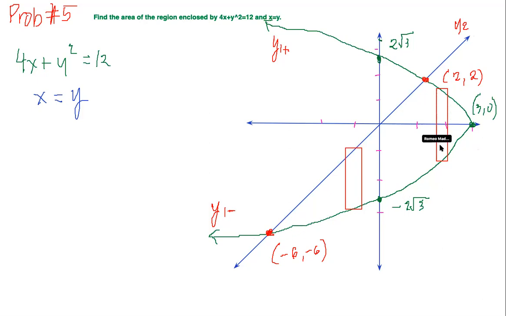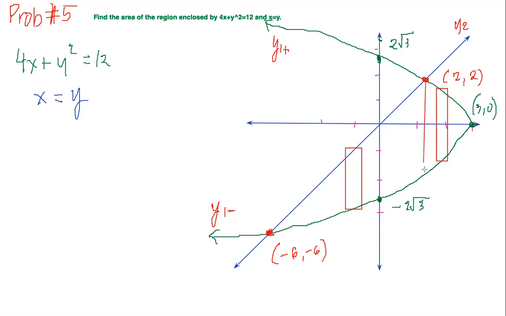Now, since these two representative vertical rectangles are different in nature, because this one touches the parabola, the y sub 1, only, while this one touches the y sub 2 and the y sub 1, we need to divide the region into two parts.